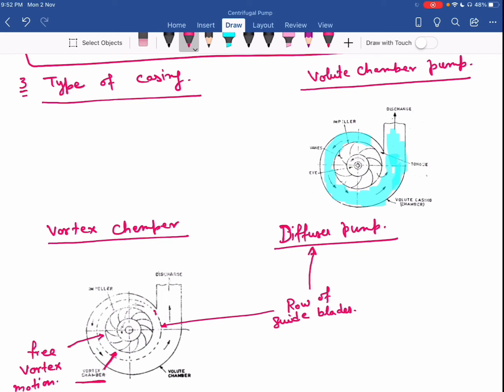The water enters from the impeller to the guide vanes and then goes to the casing, which is a simple spiral or volute type of casing. When you have the guide blades instead of the vortex chamber, there is a smooth change of direction of flow from the impeller to the casing. Hence it further increases the efficiency of the pump and reduces the losses.